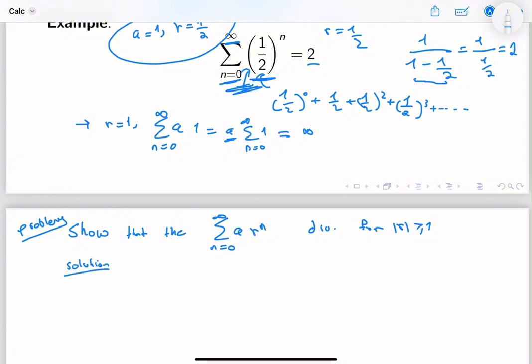The solution here is an easy thing now that we've discussed what the partial sum is.